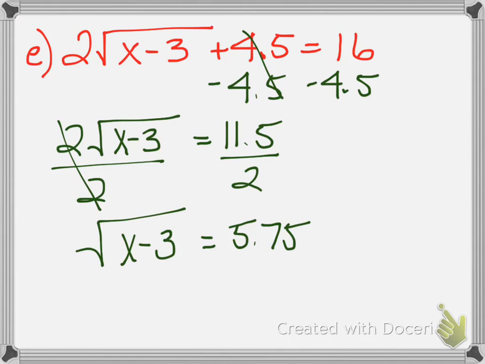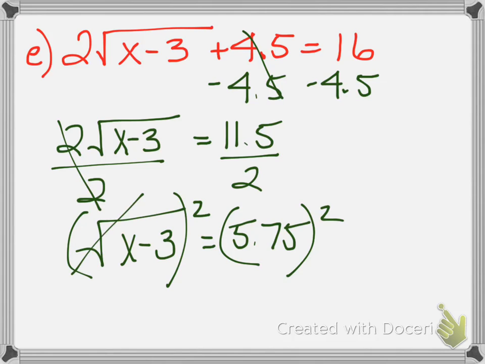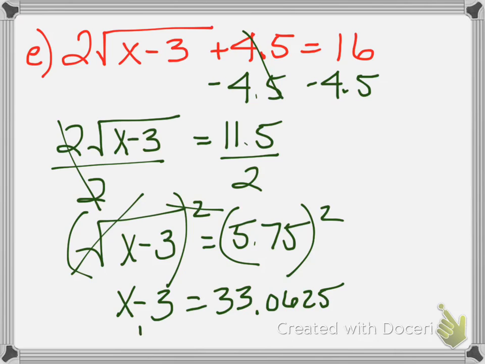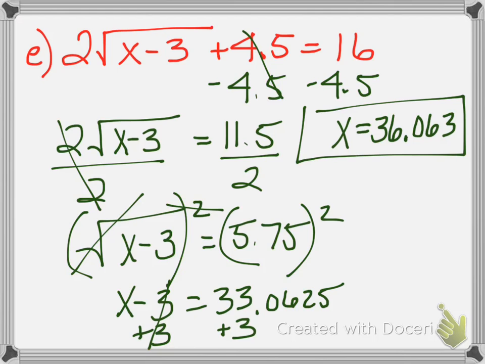So now I'm just left with the square root. To undo the square root, I square both sides. That makes the square root cancel, leaving me with just x minus 3. And 5.75 squared is 33.0625. Adding 3 to both sides lets me solve for x, so x equals 36.063. Again, going to 3 decimal places for the thousandths.